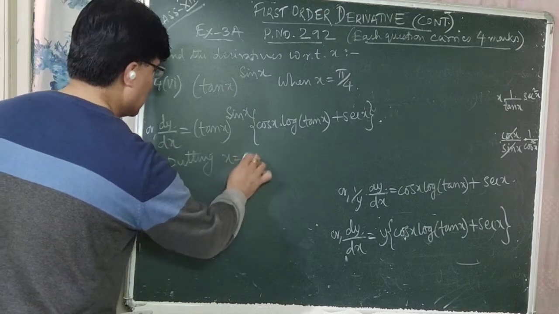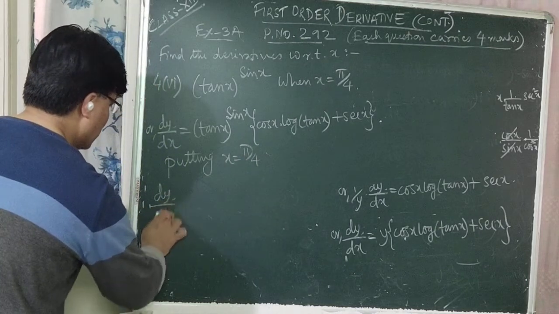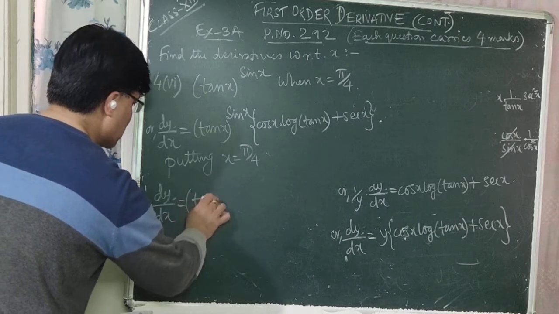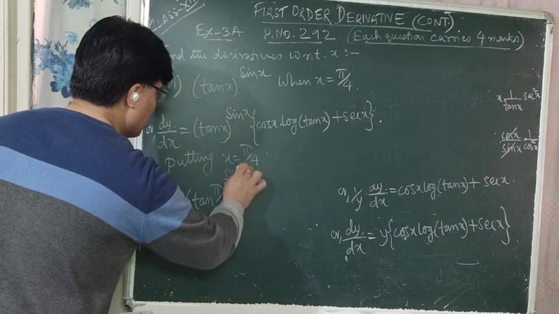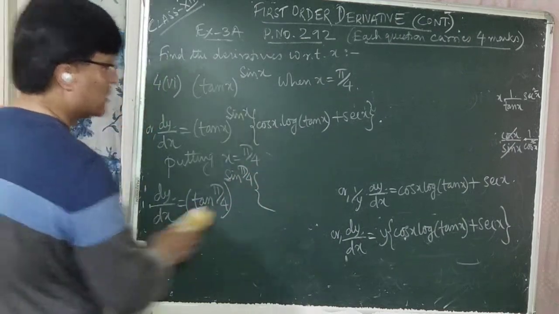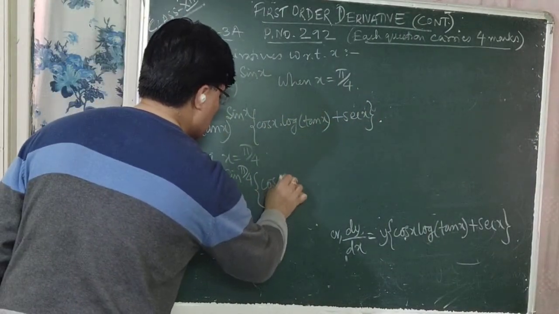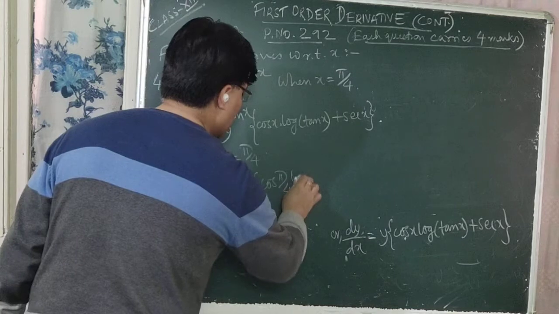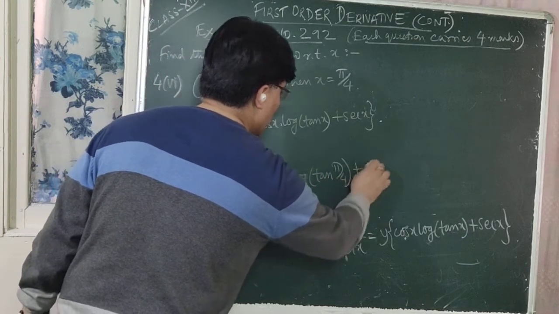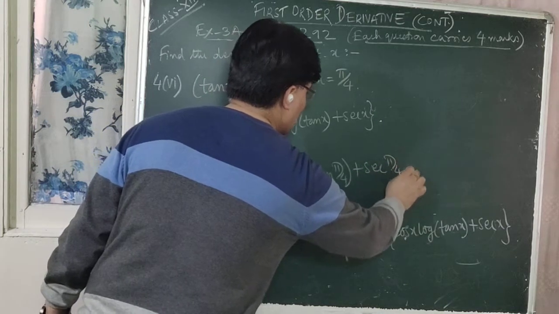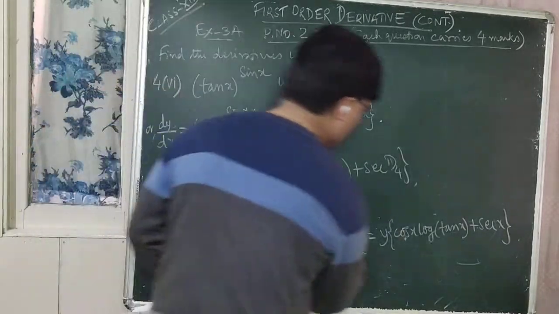So putting x is equal to pi by 4, therefore dy by dx is equal to tan pi by 4 whole to the power sin pi by 4, within second bracket cos pi by 4 log of tan pi by 4 plus sec pi by 4. Is that clear? Now let us simplify further.